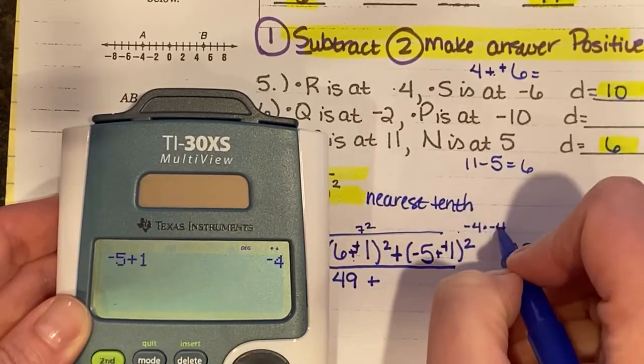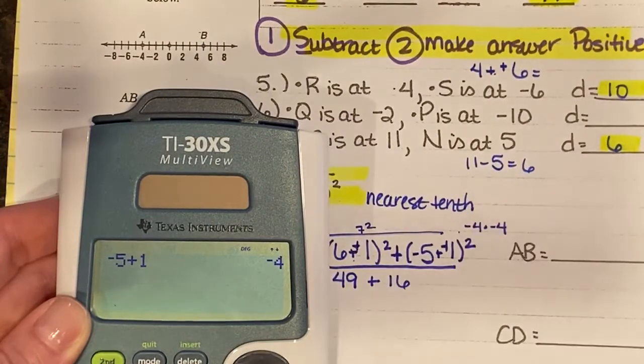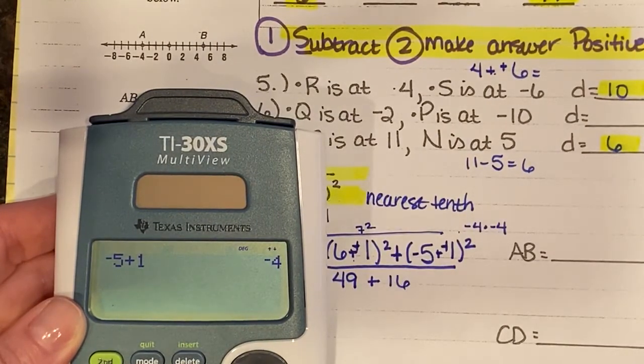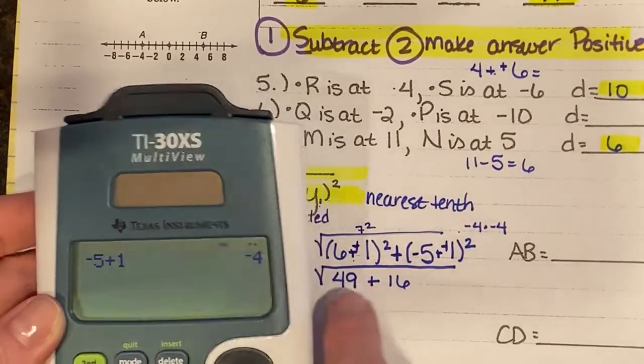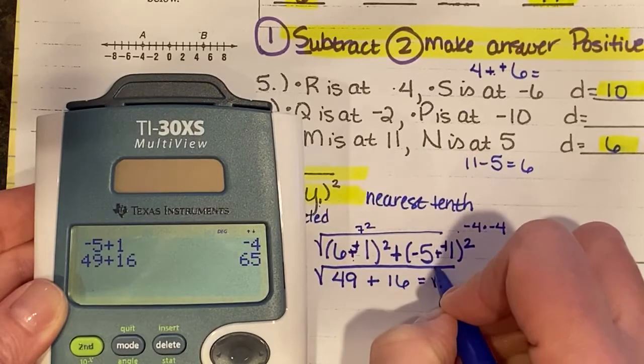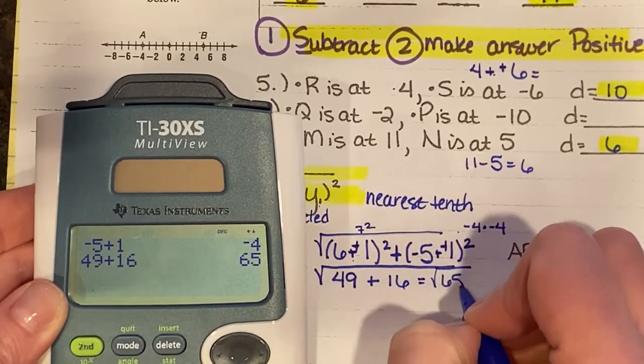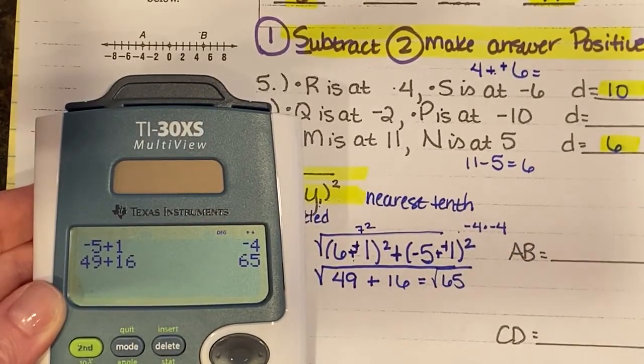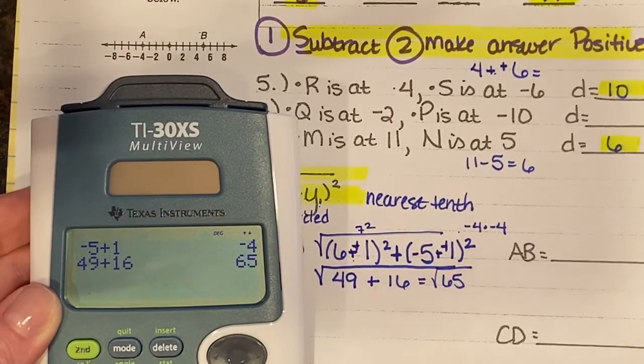A negative times a negative is a positive. 4 times 4 is 16. So I'm going to add those two. 49 plus 16 is 65. So I want to do the square root of 65.